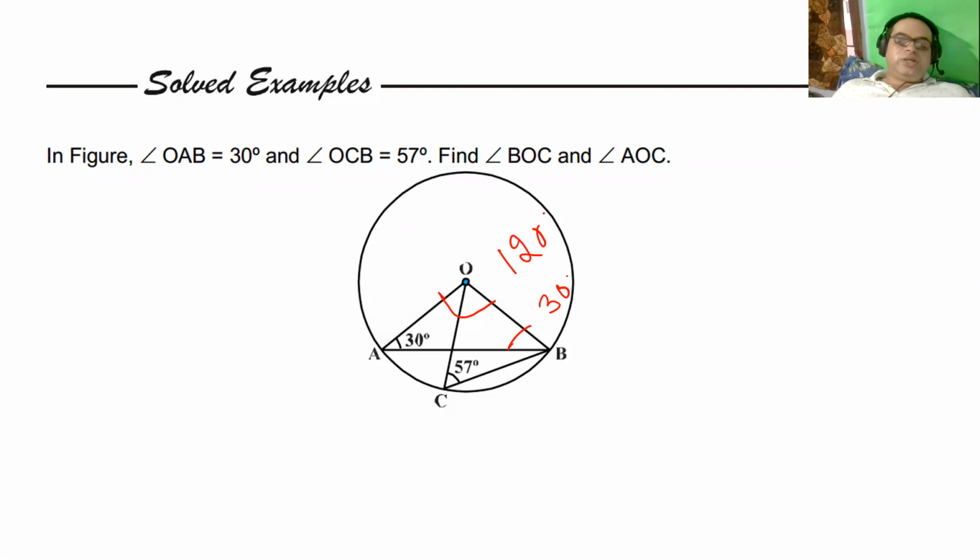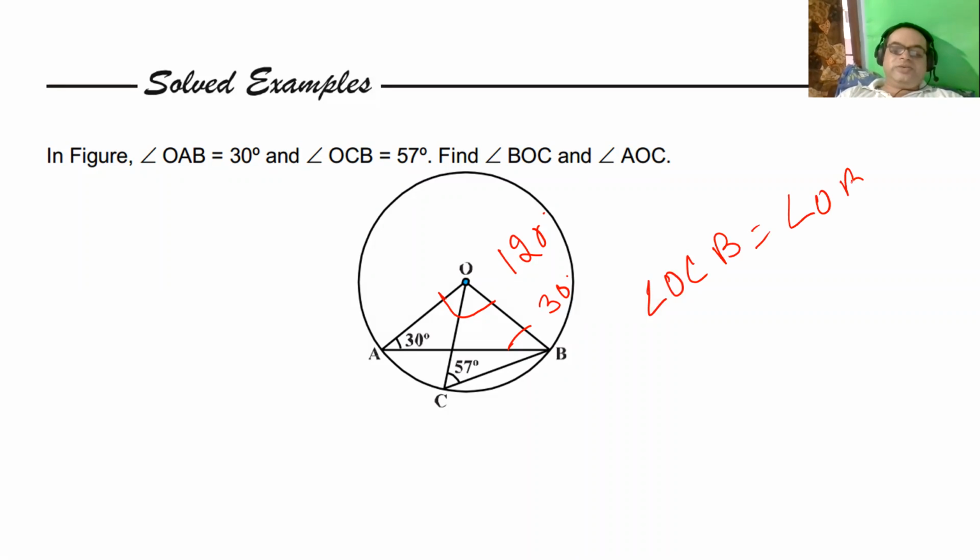Now what I have to calculate is, see, OC is equal to OB. Therefore angle OCB will be equal to angle OBC, which is 57 degrees.